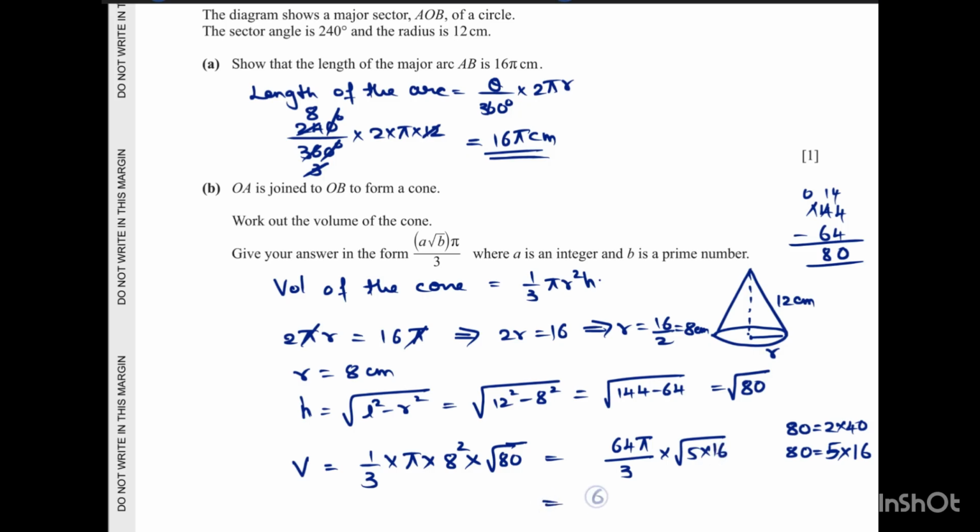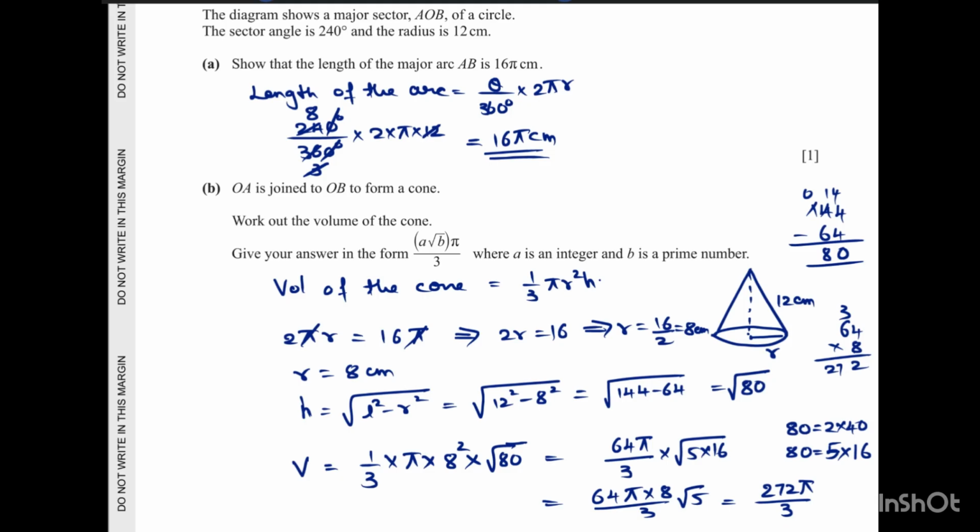So now 64 pi, if I bring 16 out of the root, it becomes 8 by 3 and root 5. Now this is prime number. Then 8 into 64 you do, 8 4s are 32, 3 carried over, 8 6s are 48 plus 3, 272. So 272 pi by 3.